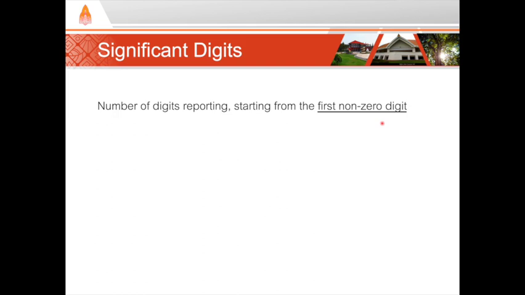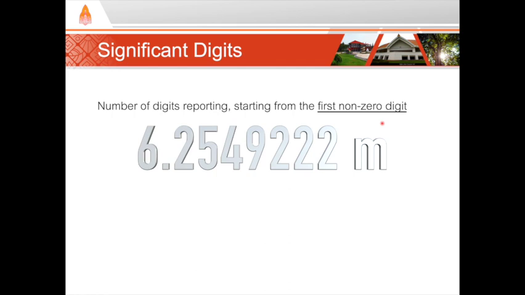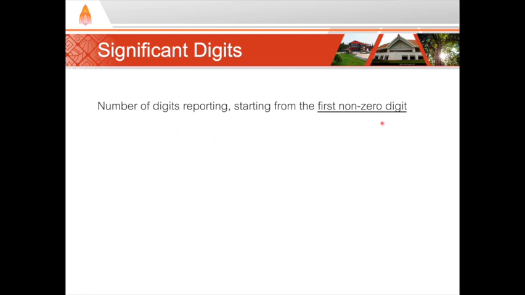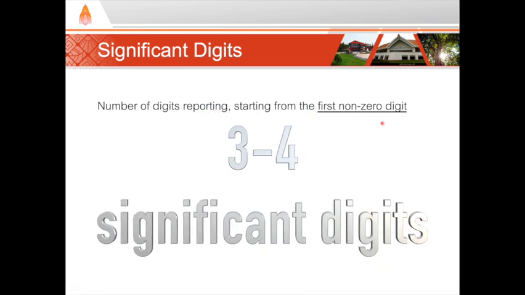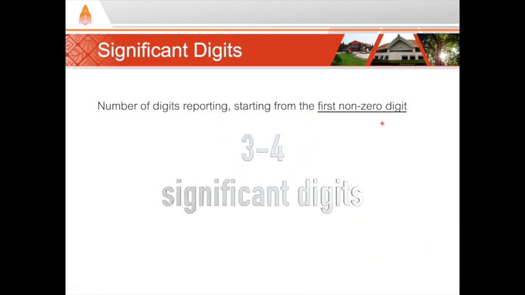On the other hand, reporting a long list of significant digits is not appropriate, since we don't have that level of accuracy. For example, we don't want to say something like 6.2549222 meters. This is way too many significant digits. Normally in this course, we will use 3 to 4 significant digits.